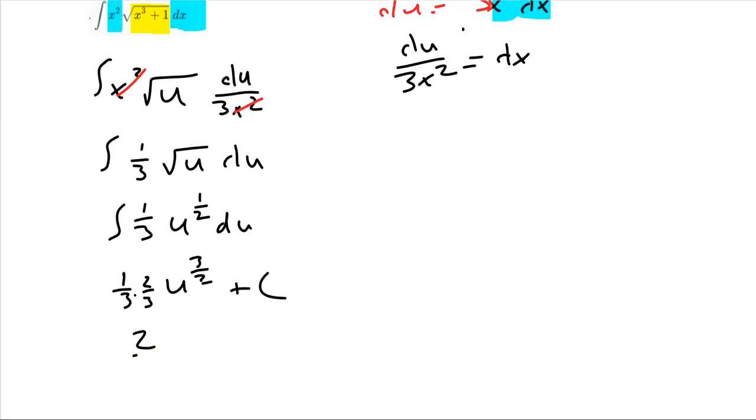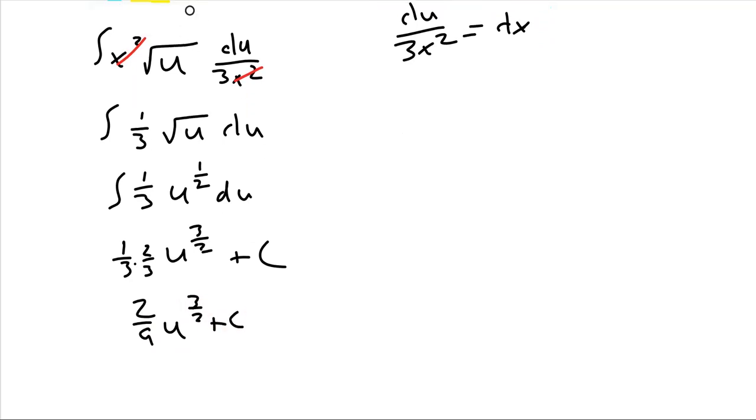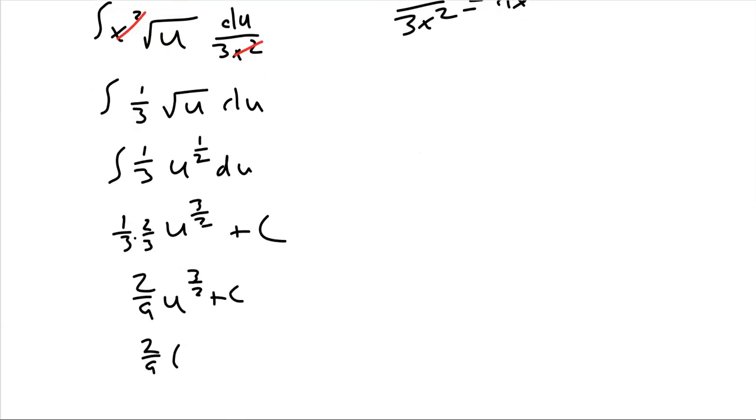So that's going to be 2/9 u to the 3/2 plus c, and then we just go back and put whatever u was, and that was x cubed plus 1, yeah. X cubed plus 1 to the 3/2 plus c. And that's what our integral would be, or our antiderivative, if you want to say it that way.